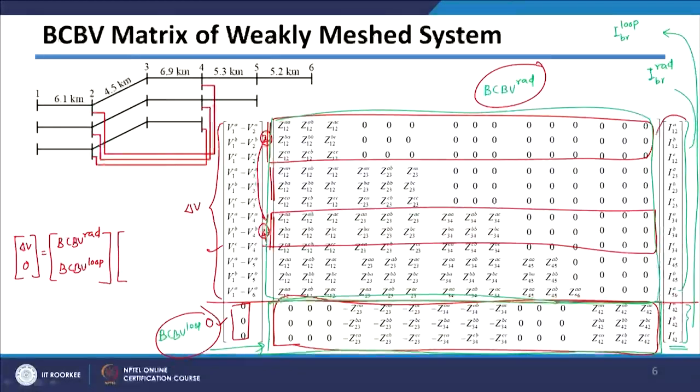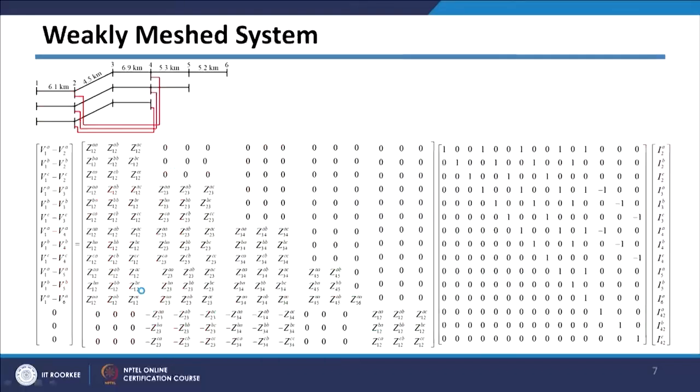So, on the top this one is nothing but branch current corresponding to radial branches, and this part is nothing but corresponding to loop forming branches, IBR loop. So, this is corresponding to loop branches. So, in short form we have got this kind of BIBC and BCBV matrices, and collectively it will be like this. So, in this case also I can easily write as we have written for the earlier case.